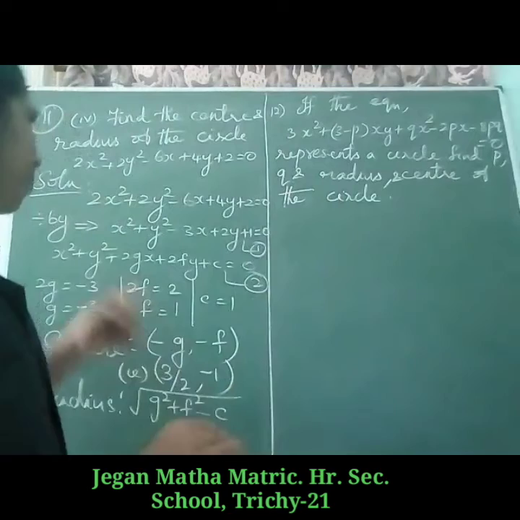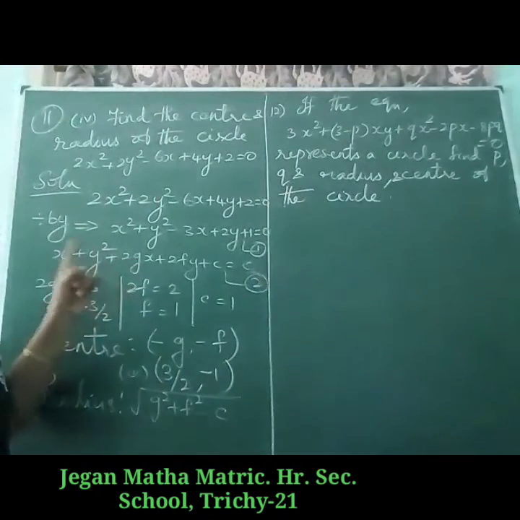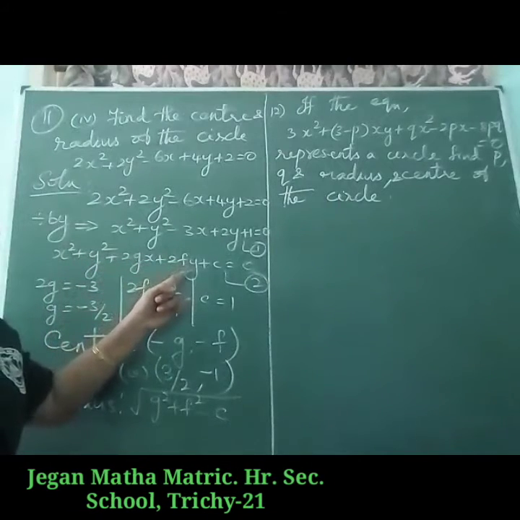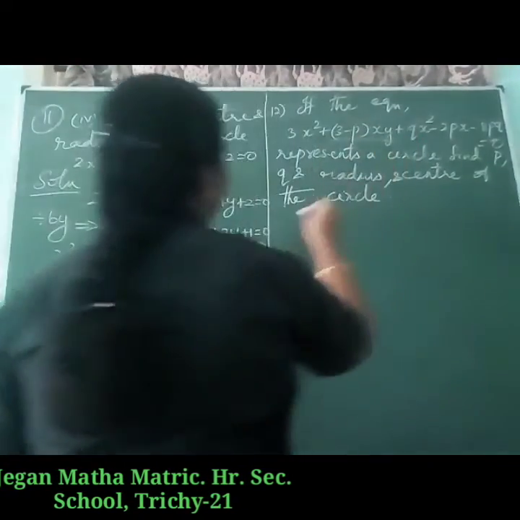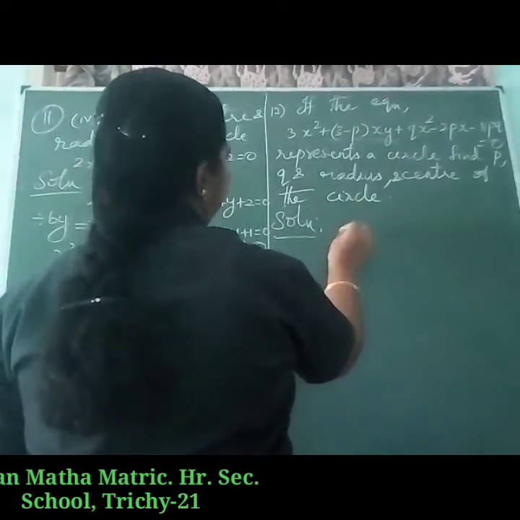So we know the general form of a circle, there will not be any xy term. Only x square, y square and the coefficient of x, coefficient of y. So when you are comparing with the general form, the xy term must be equal to 0.